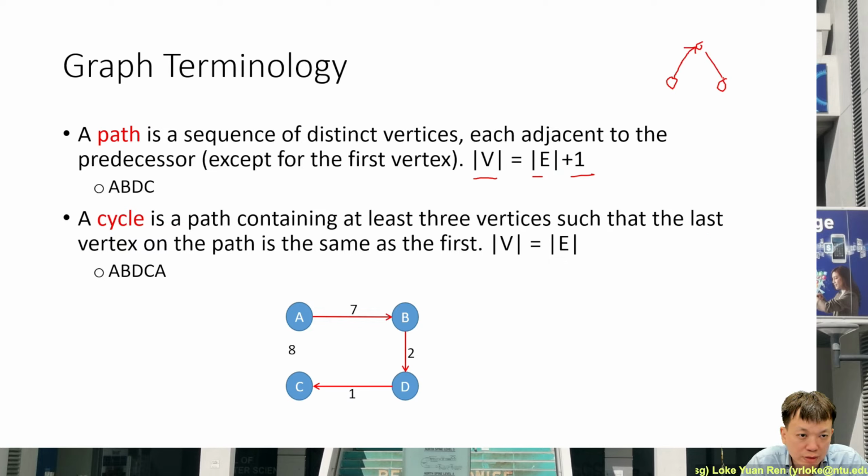In this example, say you have 4 vertices: A to B, B to D, D to C, and C back to A. Then they form a cycle. The number of vertices is equal to the number of edges: 4 edges, 4 vertices. They form a cycle.